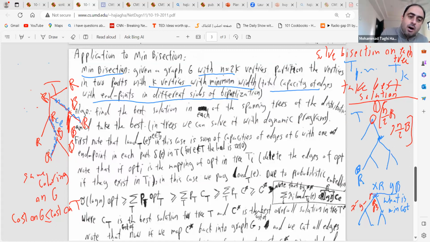And if you cut all of them, then you disconnect all blue vertices from the red vertices, and the cost would be the cost of the edges in between. So this is the domination property that we had before. When we considered Bartal, that was a bit easier because this was a spanning tree and the path exists in the graph, so of course it was always a solution. But here we are just cutting the edges, and these edges, as I mentioned, have different costs in the graph and here.